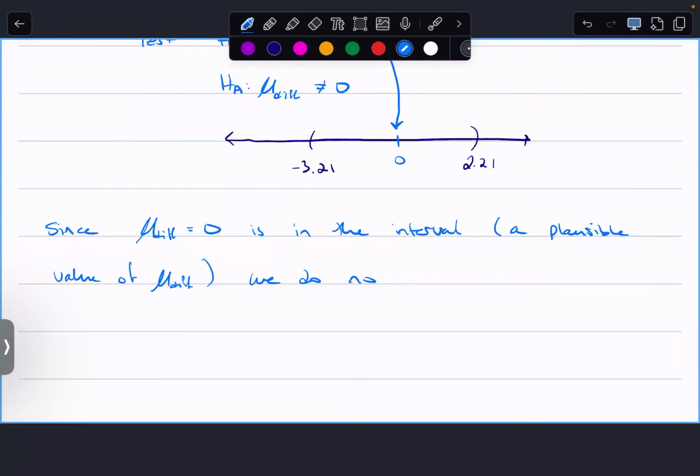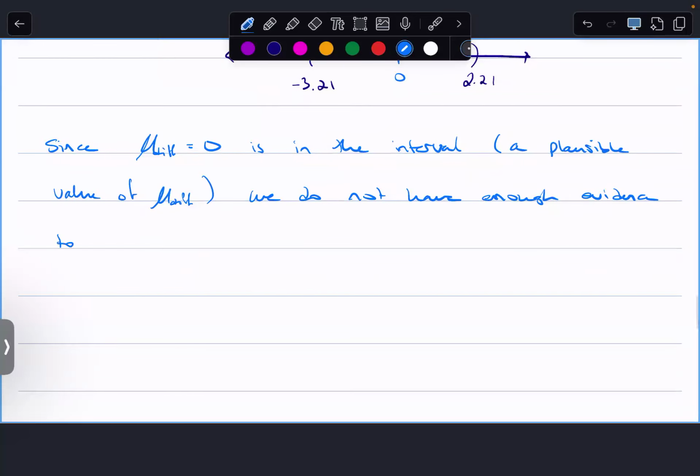We do not have enough evidence to reject H naught, which means that there is not a significant difference in the amount of venom excreted.